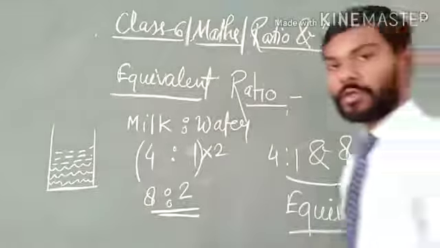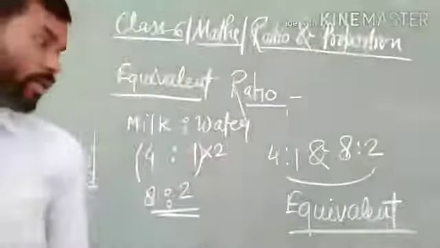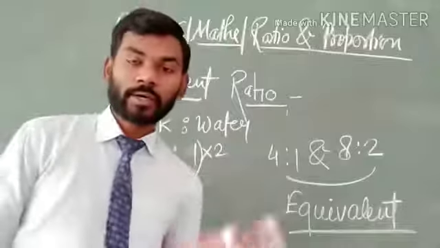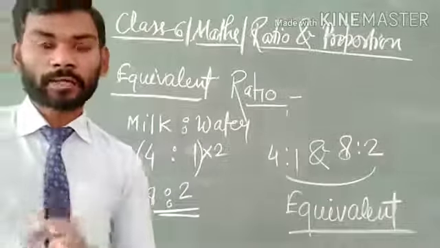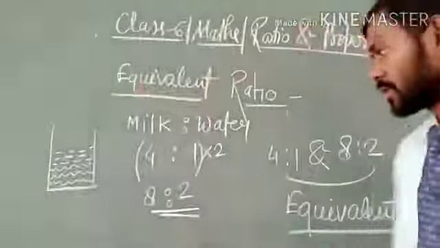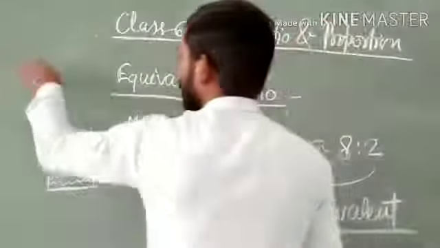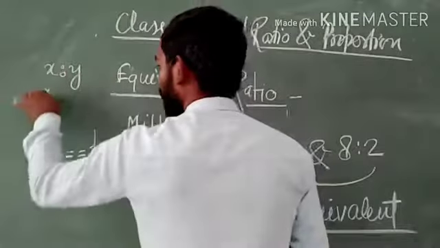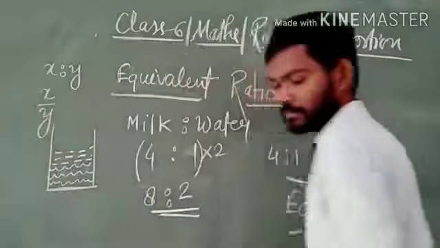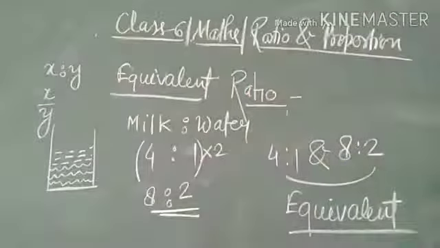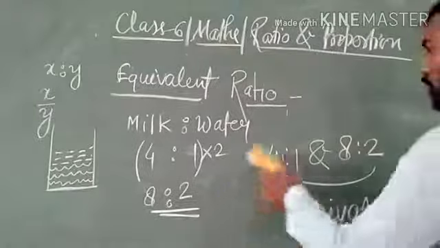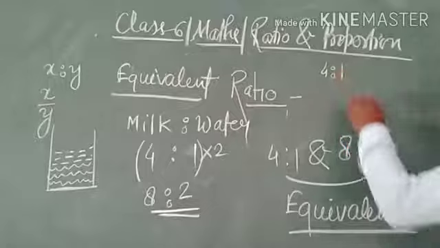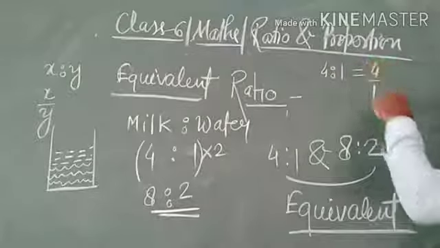If you have any word problem in terms of ratio, then you can easily understand it by the concept of fraction also. How? As I told you, x ratio y can also be written as x upon y. Therefore the ratio 4 ratio 1 can also be written as 4 upon 1.